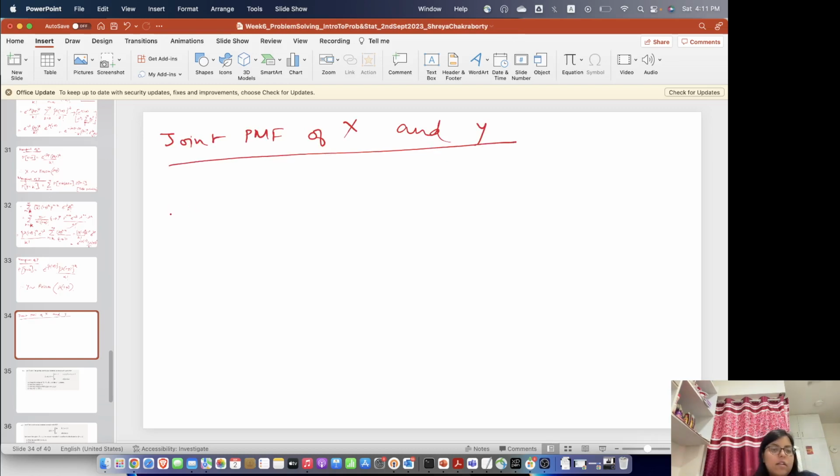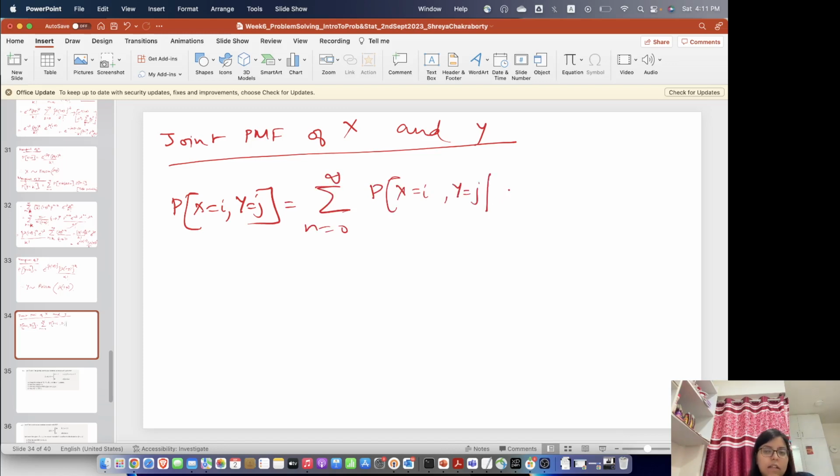So then probability x equal to i, y equal to j can be written as summation n equal to 0 to infinity probability x equal to i, y equal to j given N equal to n, into probability N equal to n, again by law of total probability.